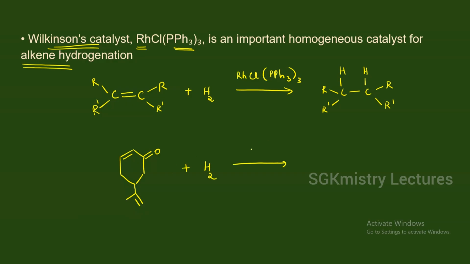So H2 in the presence of again RhCl(PPh3)3, with benzene taken as a solvent. So here in this case, this particular double bond is not reduced, which is inside the ring. So this double bond, which is outside, is easily susceptible to reduction. So you're going to get the reduced product, right?